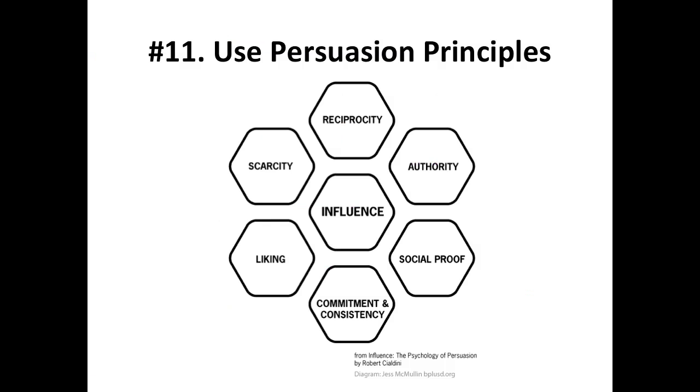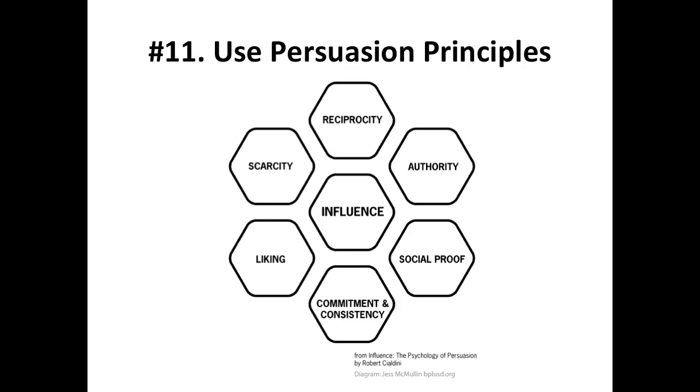Number 11, high converting websites use persuasion principles. And we've discussed this, and I think it was even in week 1 that I mentioned this. So they use reciprocity, authority, social proof, commitment and consistency, liking, and scarcity.